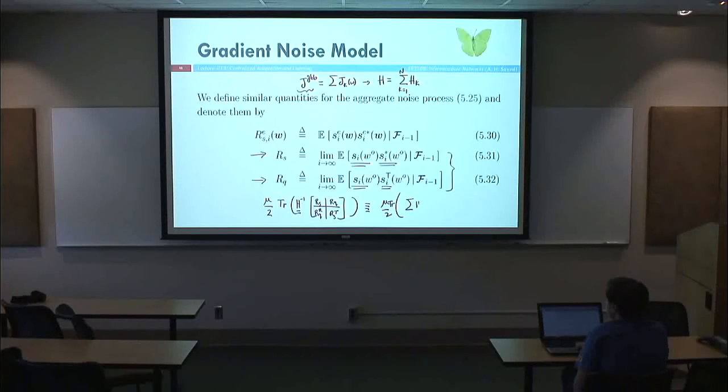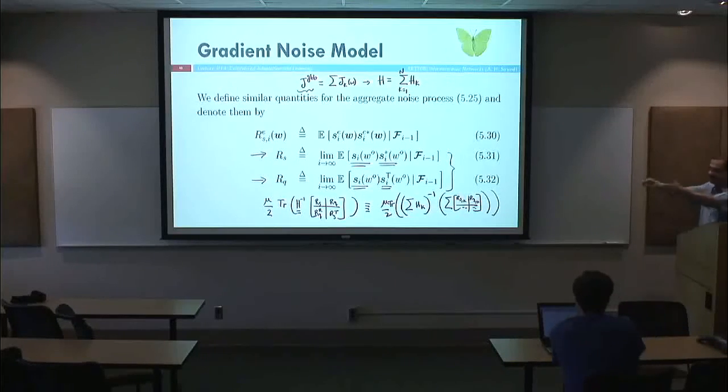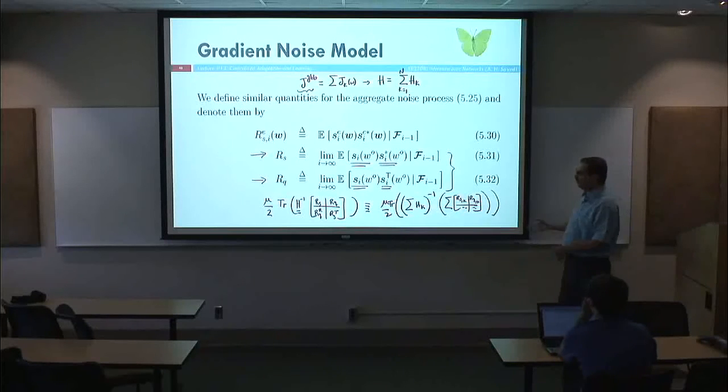Here you will have a sum of these individual Hessians inverse. And then I have to find what that matrix is, and that's it. You are going to see that this matrix will also turn out to be a sum of the individual matrices, RSK, RQK, and so forth. This is what the theorem will be showing.